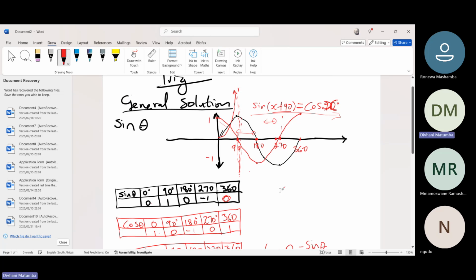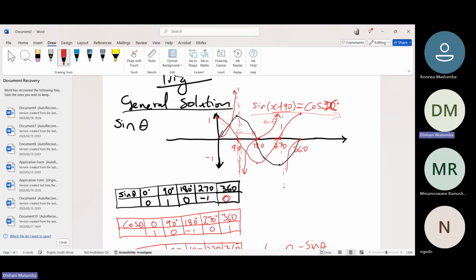At 270, your graph does not touch 90 degrees, but it also does not touch your 270 degrees. So 270 will be your asymptote also.